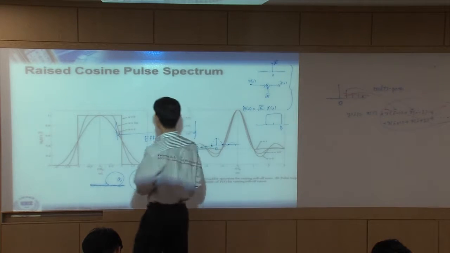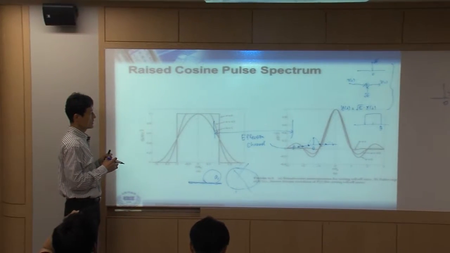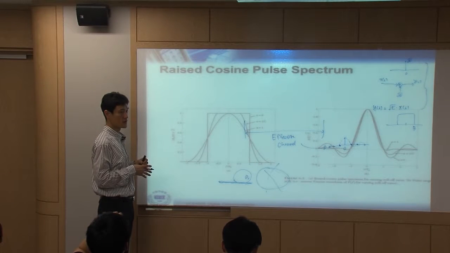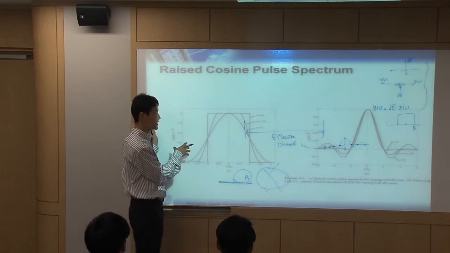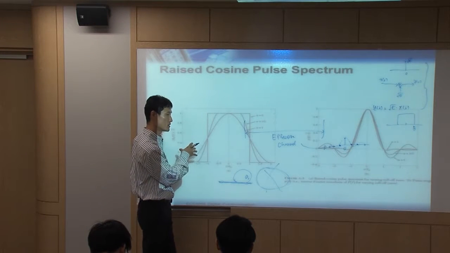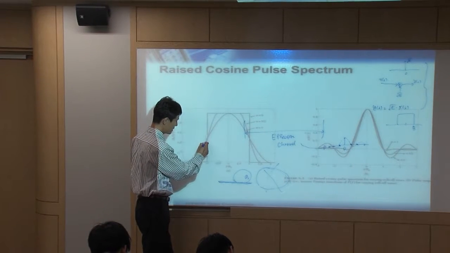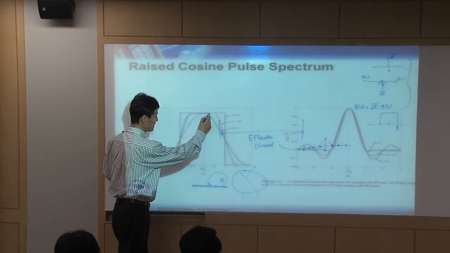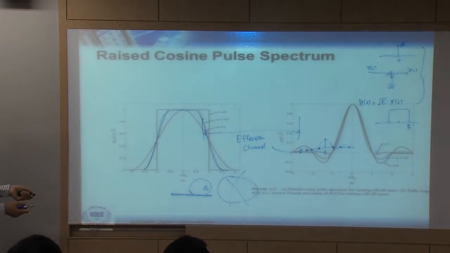So this raised cosine pulse spectrum or pulse shape filter is one of the pulse shaping filters that we can implement. This one does not look the same as Nyquist channel, but at least this one is pretty close. So how to do that is in time domain you are making this pulse shaping filter.